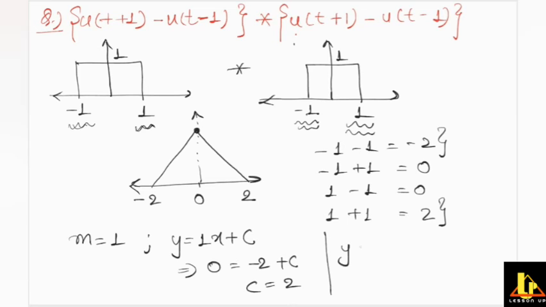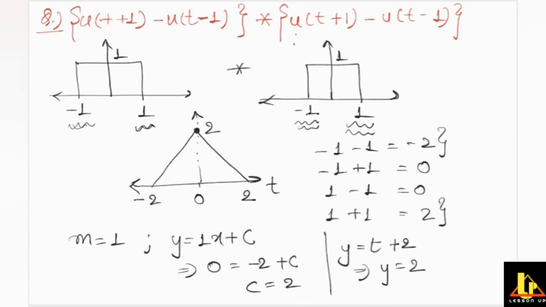So this equation can be written as, we are representing x with t, t plus 2, and what is the value of y at t is equal to 0 at this point? Y is equal to 2, so at this point you will get 2.